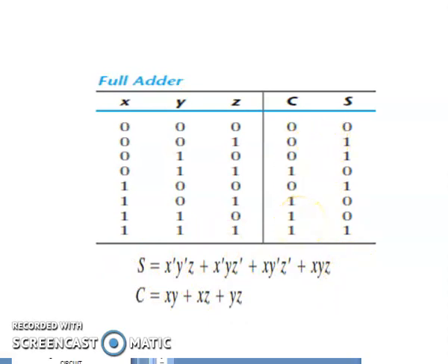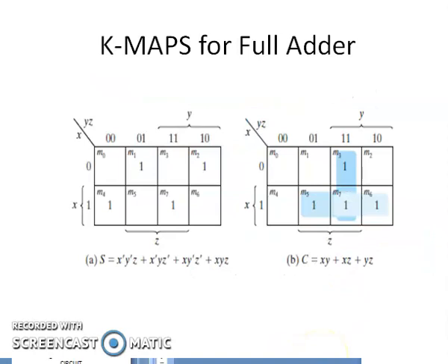Now, these expressions are not in the simplified form. So, we have to obtain the simplified expression either by using Boolean algebra or by using K-map. Now, suppose we use the K-map method to simplify the expression, draw 3 variable K-maps, plot all the ones for each product term, and try to group these ones.